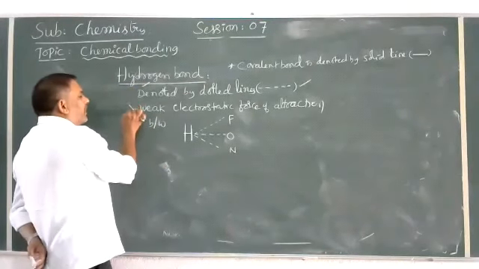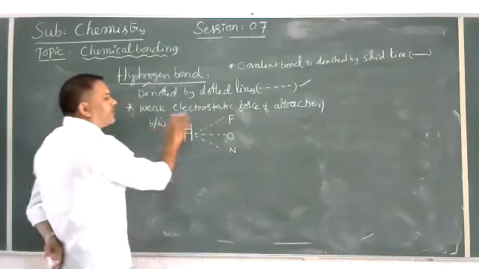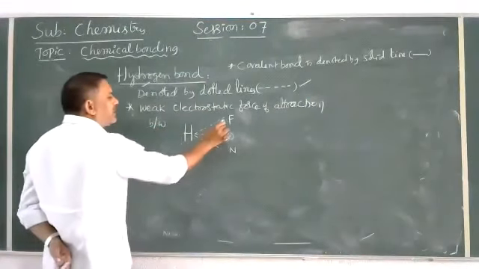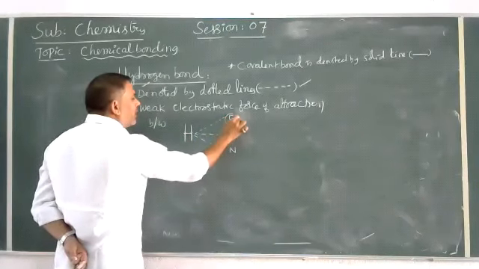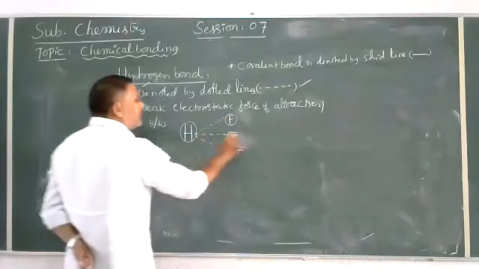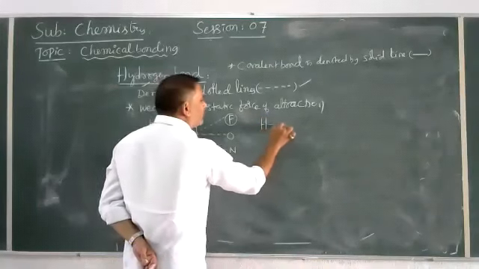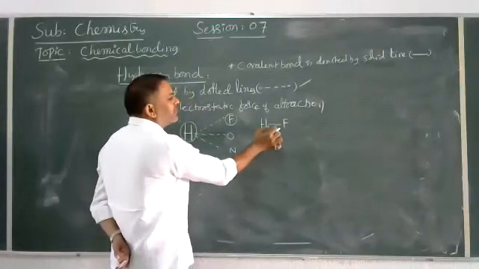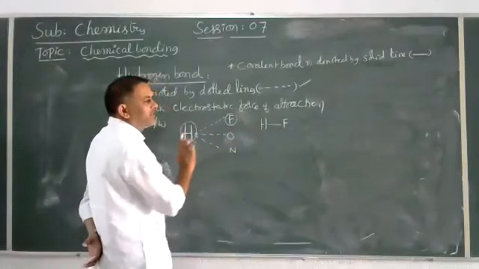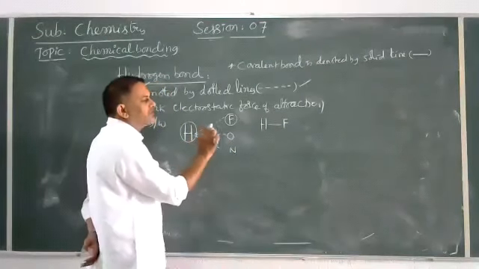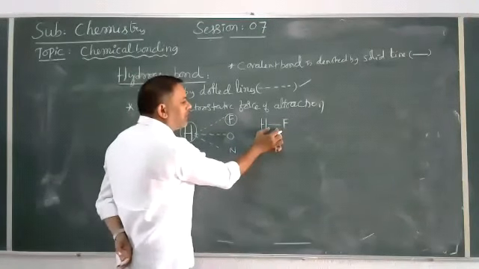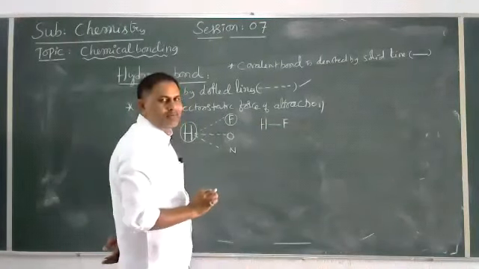So here the weak electrostatic force of attraction exists between hydrogen and highly electronegative fluorine. Within one molecule, between hydrogen and fluorine, there exists one solid line. That is not a hydrogen bond. That is a covalent bond, formed by mutual sharing.